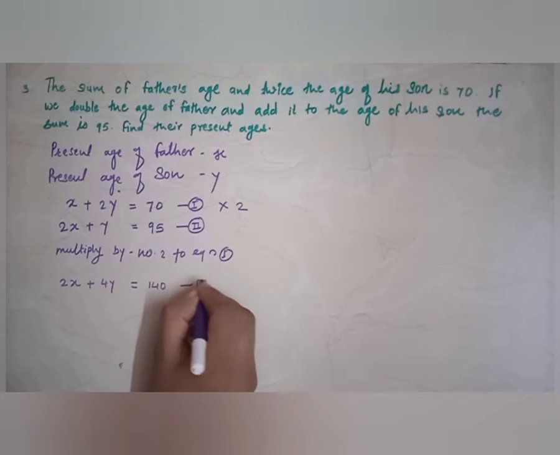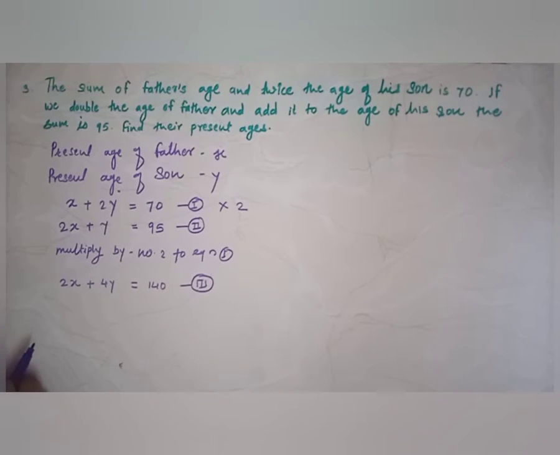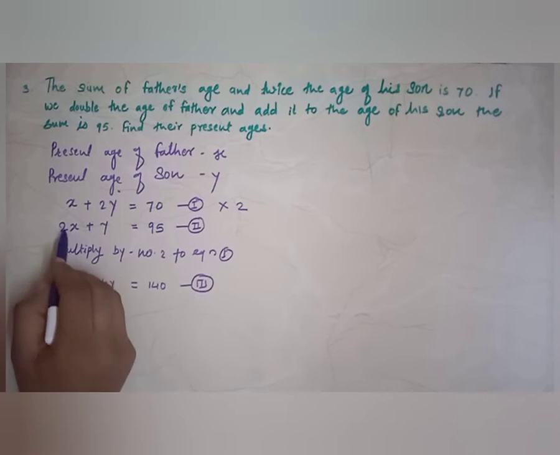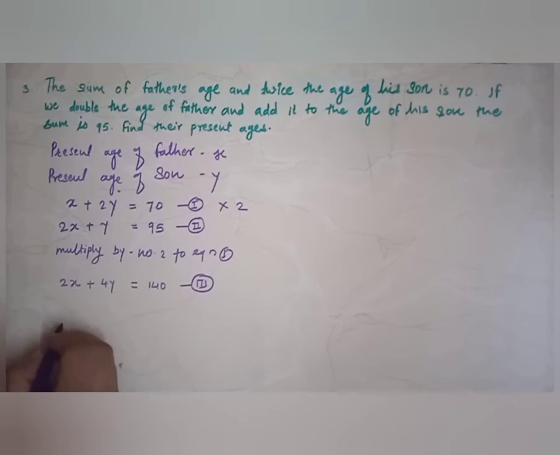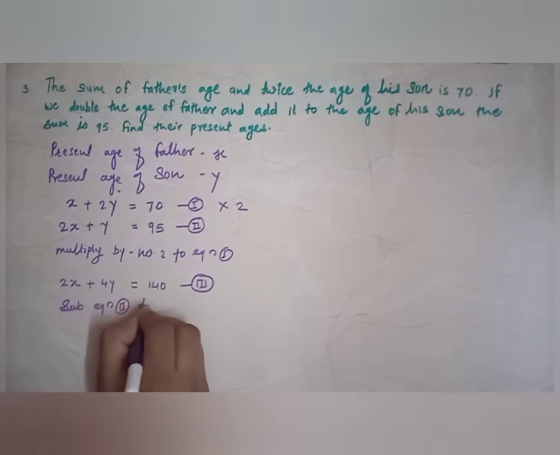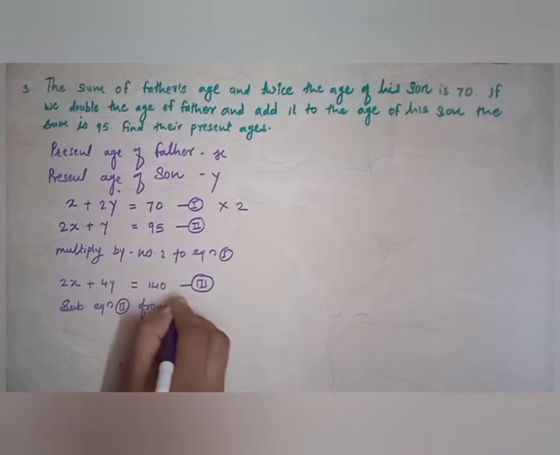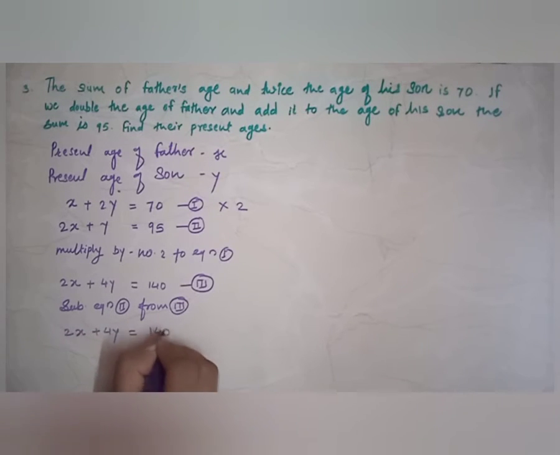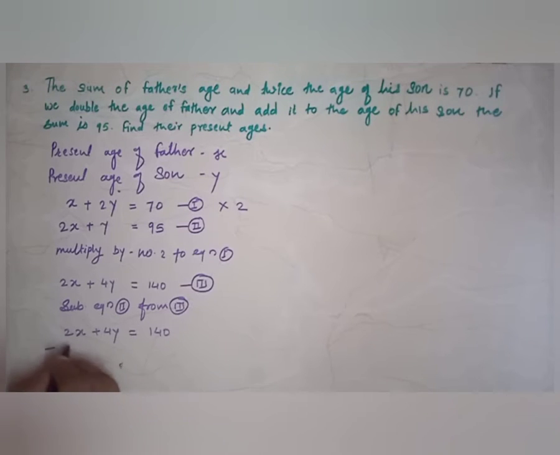Now 2x and 2x are the same, so we can subtract equation 2 from equation 3. Write the equations first: 2x plus 4y is equal to 140, this is our third, and minus 2x plus y is equal to 95.